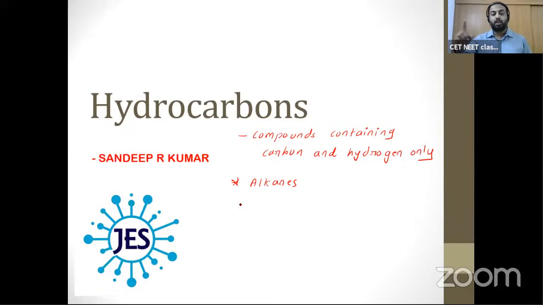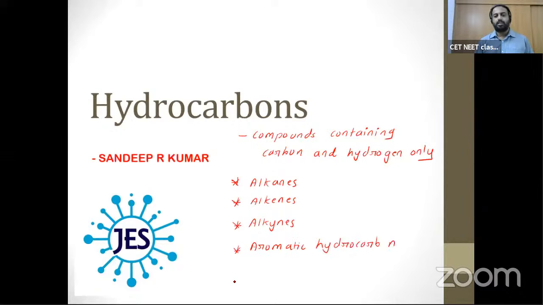You have studied all this in first PUC, it's just a revision. After that alkenes, after that alkynes, and then at the end we'll discuss aromatic hydrocarbons. We'll take it up one by one.